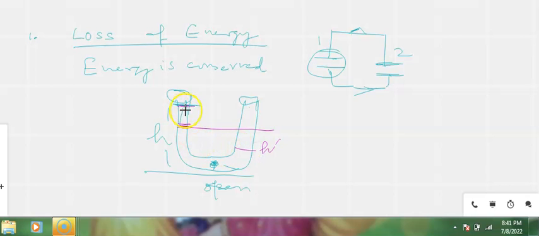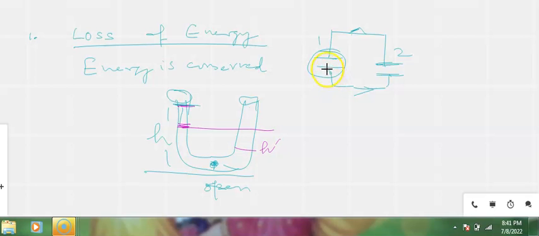So basically the potential energy converts to kinetic energy, and the water will move up. Actually, if there is no friction, once you open the valve you will have oscillations in the U-tube. So that means this water gets kinetic energy.